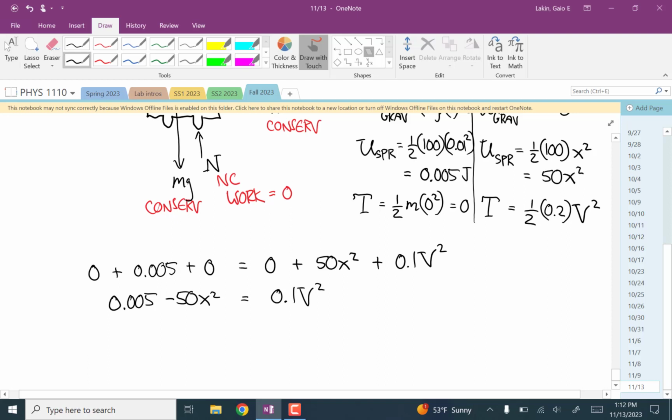Divide both sides by 0.1, so you get 0.05 minus 500x squared is equal to v squared.